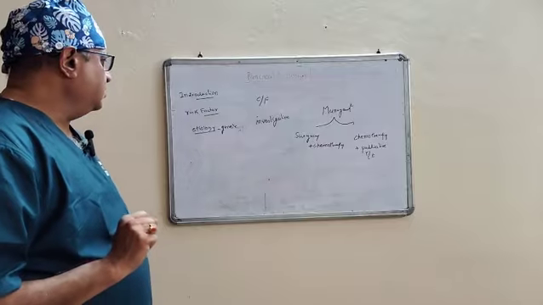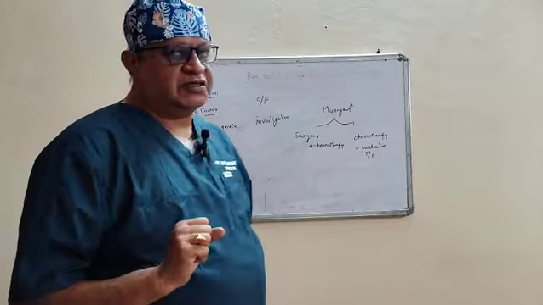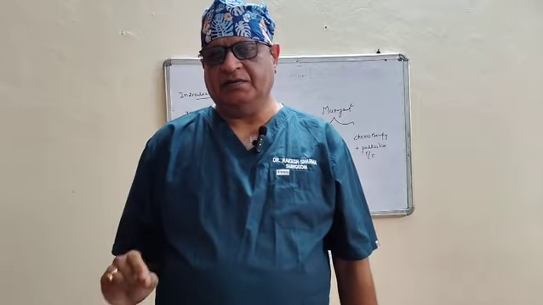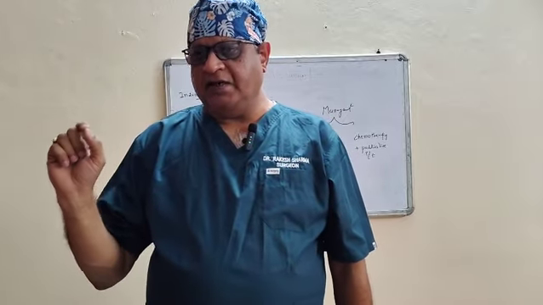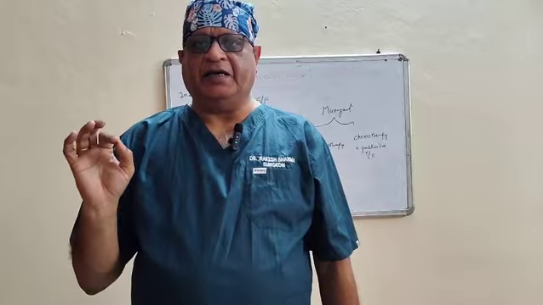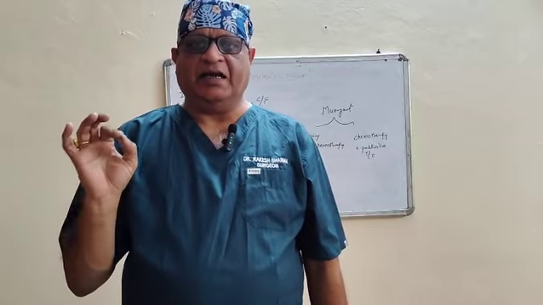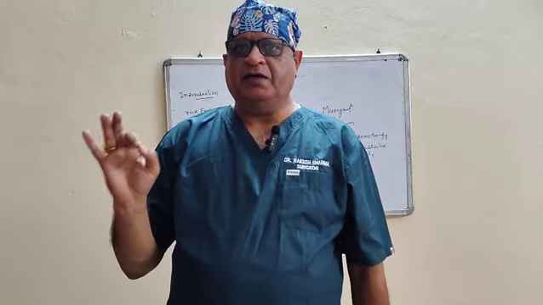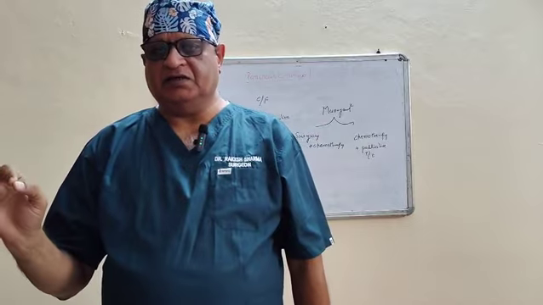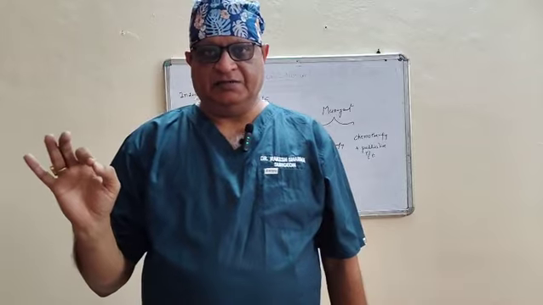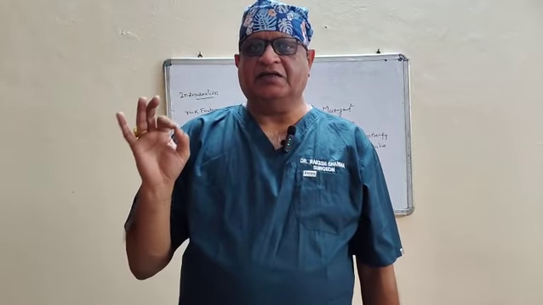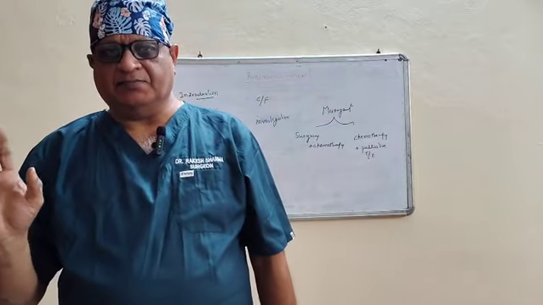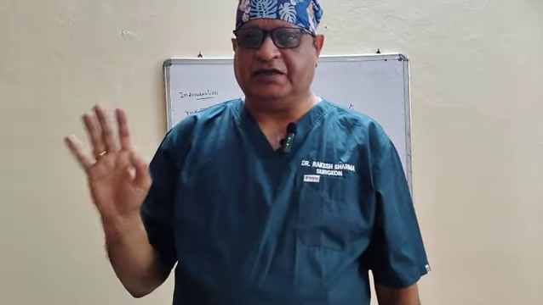Now we are discussing the investigations. First, blood investigation. If CA pancreas is located in the head, causing obstructive jaundice, total serum bilirubin level is raised, especially direct, the conjugated variety of bilirubin, and serum alkaline phosphatase is raised, but there is only a mild rise in SGOT, SGPT.